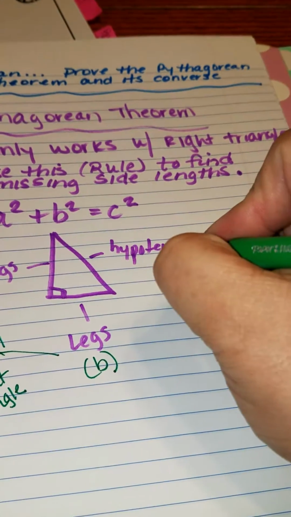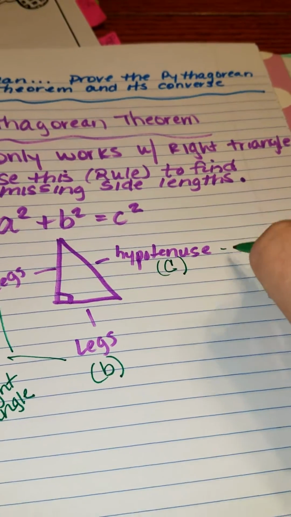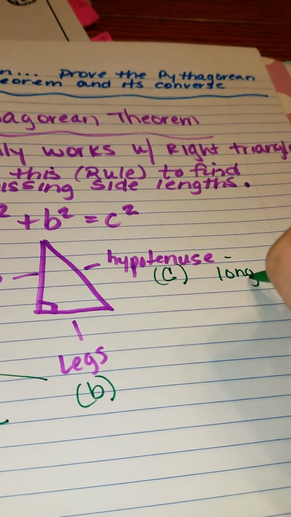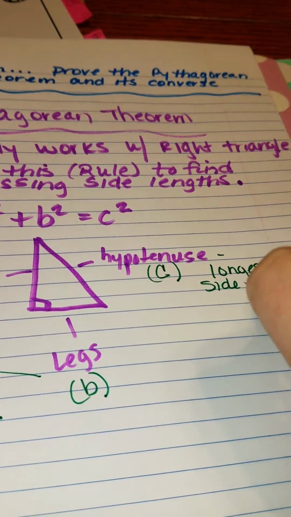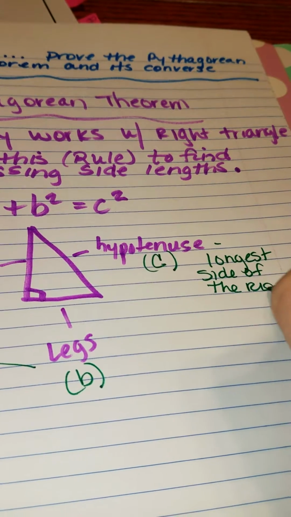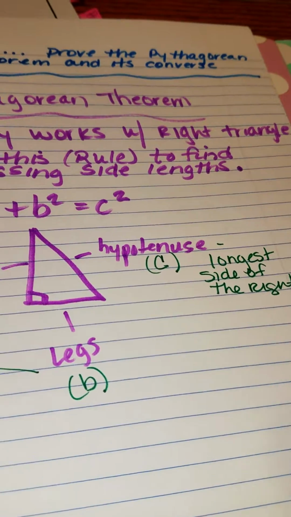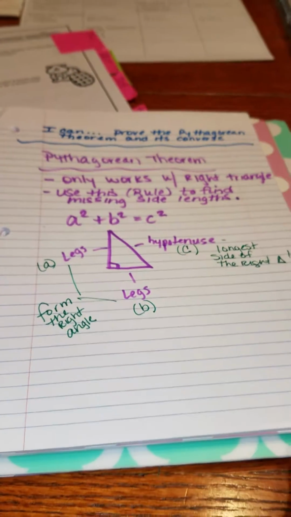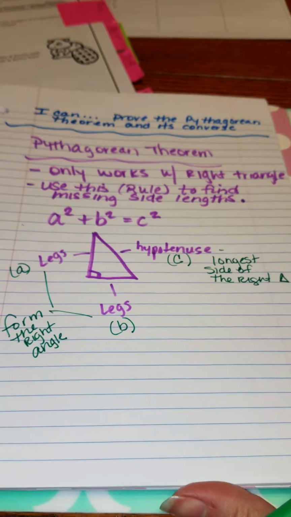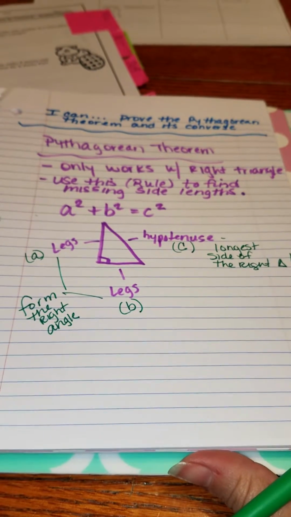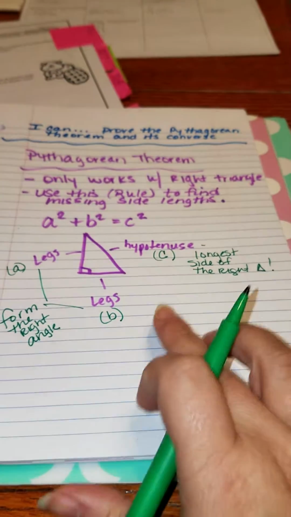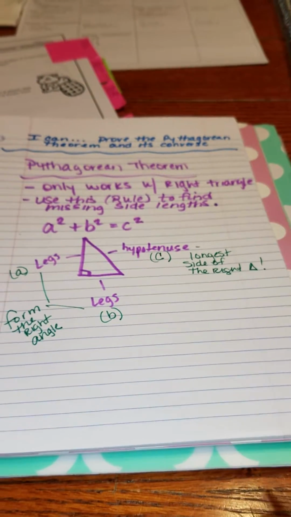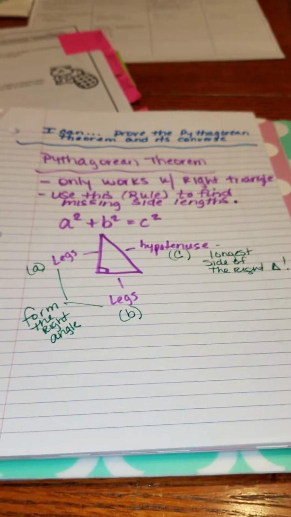However, your hypotenuse is always C, and that is always the longest side of the right triangle. Always the longest. Okay? So we have our A, we have our B, we have our C. Basically, what you're going to be doing is they're going to be giving you some information, and you're going to draw a triangle to fit that description if needed, and you're going to be finding a missing side. Okay?